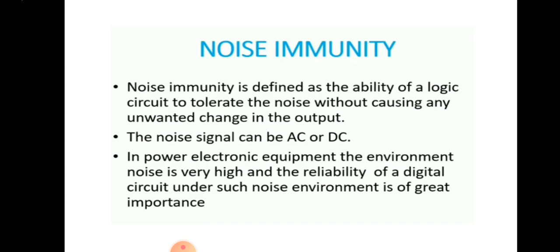So this feature is very important, because the circuit, or the output of that circuit, should not get affected by the noise even if it is working in a noisy environment. So this is the third feature.